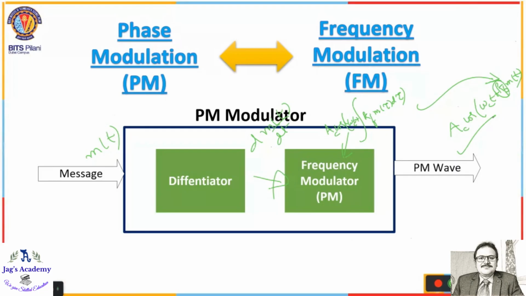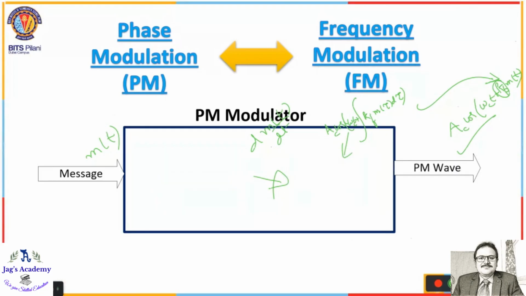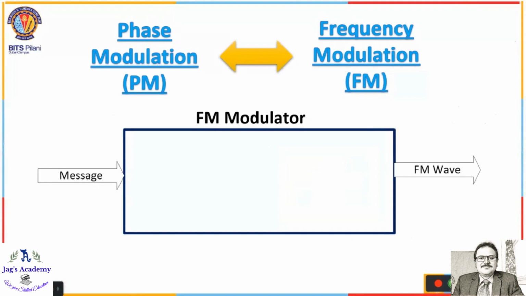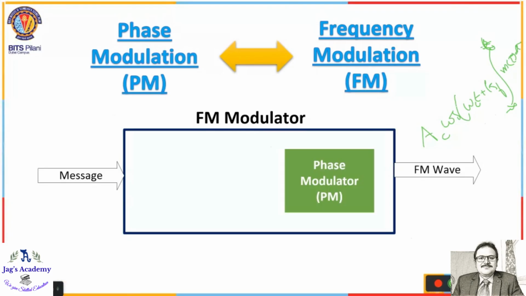Now similarly, in the previous case, listen carefully, I am trying to explain this to you. In the previous case, what do you want? An FM modulator, right? What is the equation of the FM modulator? Remember this: Ac cos of omega c t plus kf into integration from minus infinity to t of m of tau d tau, yes or no? This is required for you. What you have here is phase modulation.